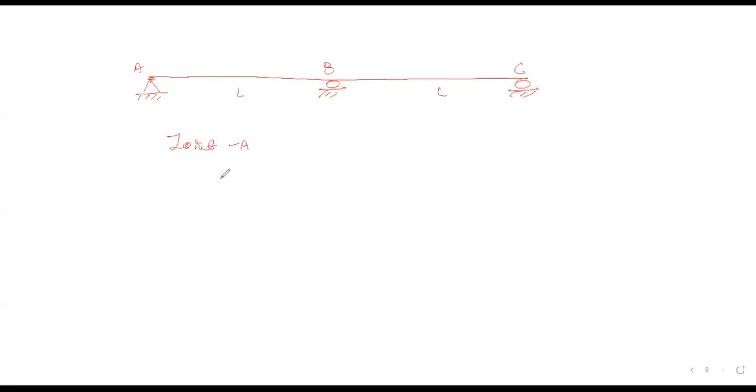Length is L for both beams. So for joint A, I can write MAB equals MFAB, not considering any sign here, plus 2EI by L. I am standing at point A, that is why the slope of A is twice, and the far slope is half: twice theta A plus theta B minus 3 delta by L.